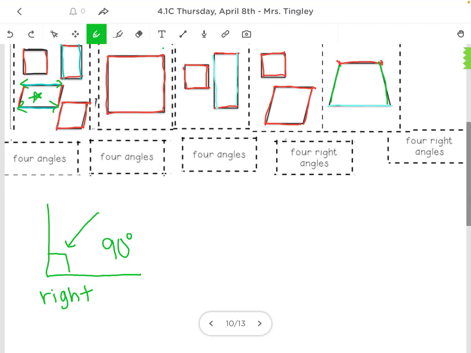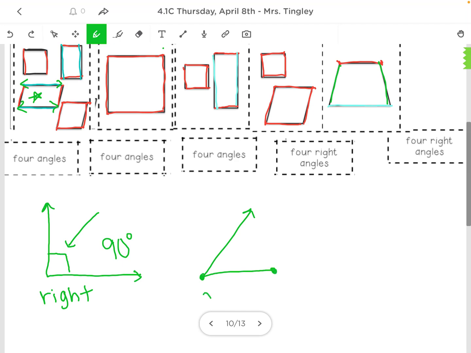If you've ever seen a compass or a circle, maybe you've seen something like this. If you move a line to 90 degrees, it would look like this on a compass if you see one. That's something you'll learn more about in other grades.